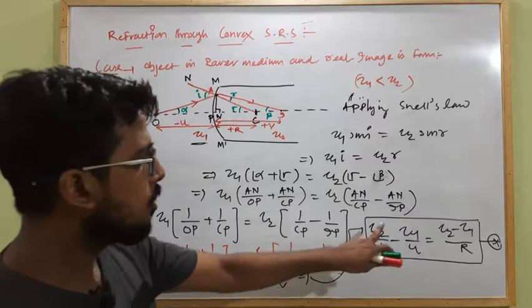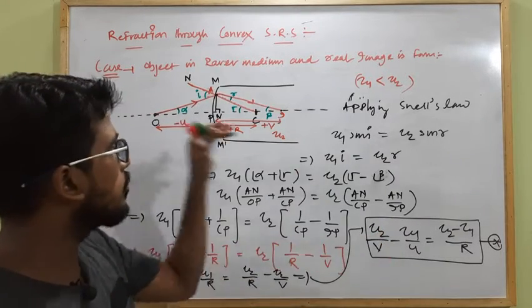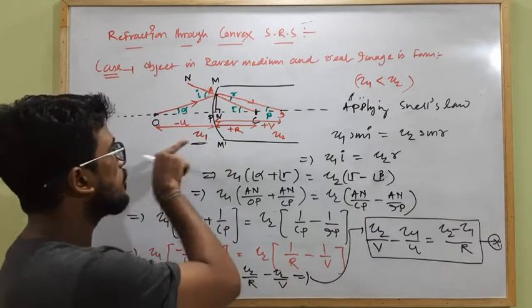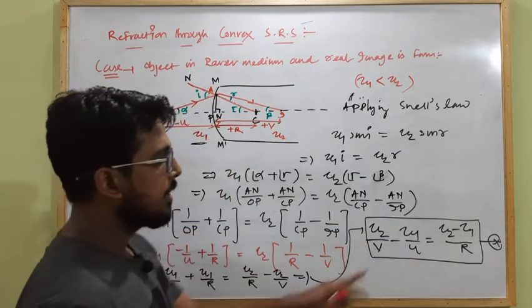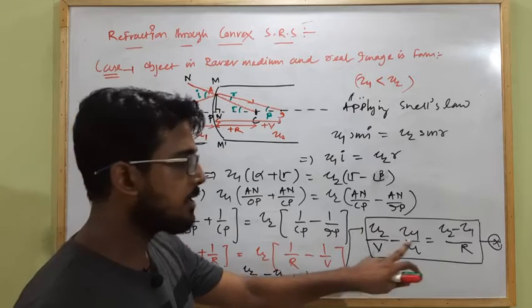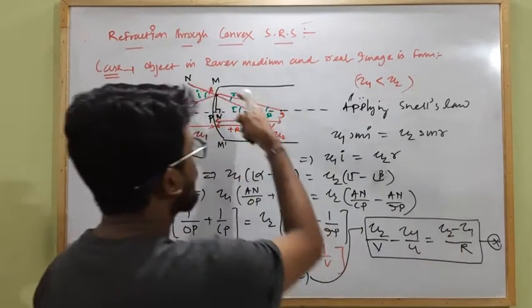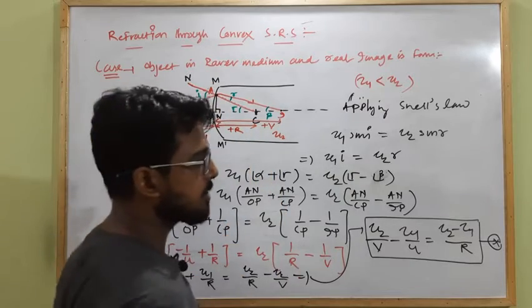What is mu2? Refractive index of the medium to which light is going. mu1 is the refractive index of the medium from which the light is coming. v is the position of image, u is the position of object, r is the radius of curvature of the spherical refracting surface. Clear?